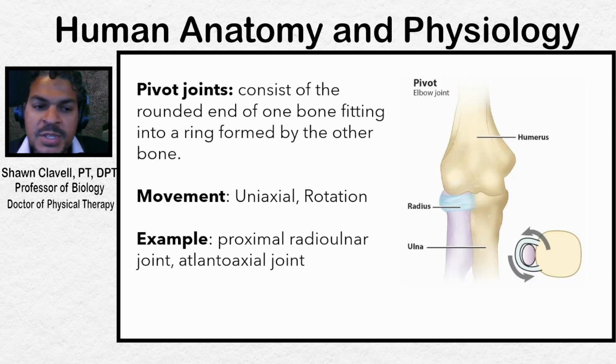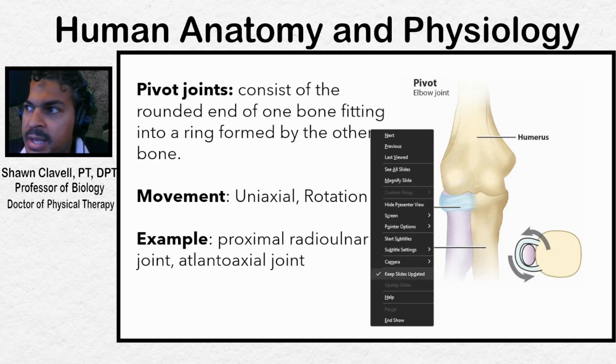Now, the first is a pivot joint. A pivot joint is a rounded portion of a bone which is enclosed within a ring, which forms a spinning motion. The primary motion is rotation about a single axis.